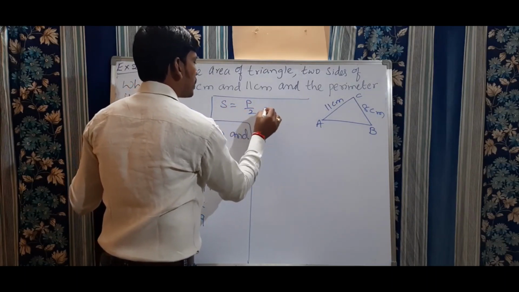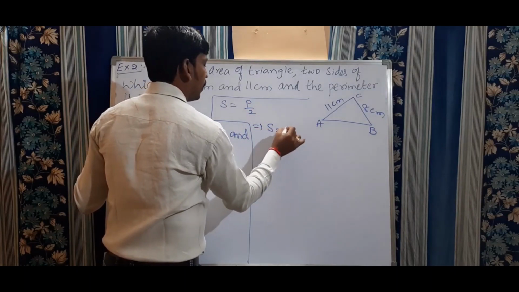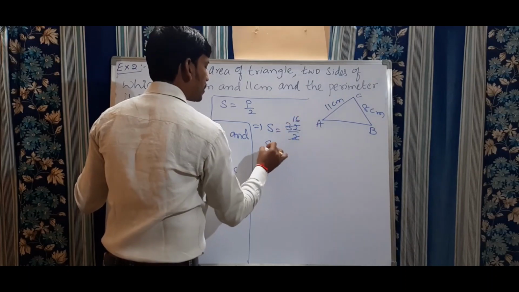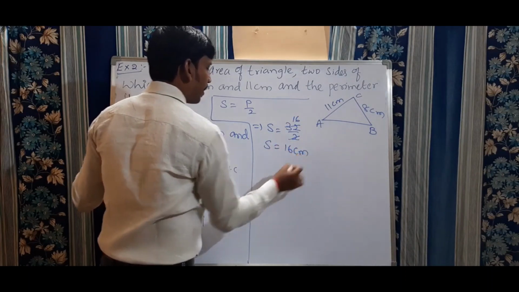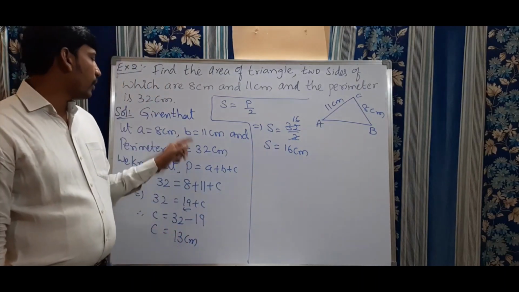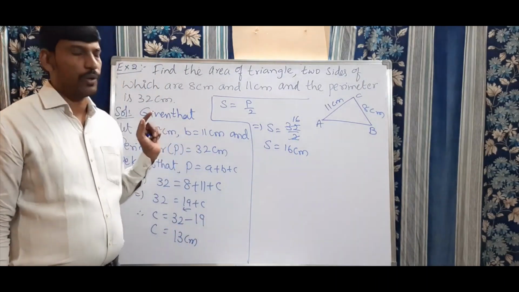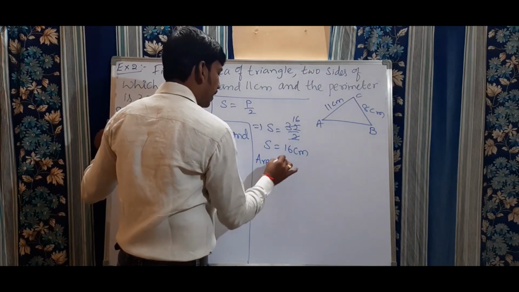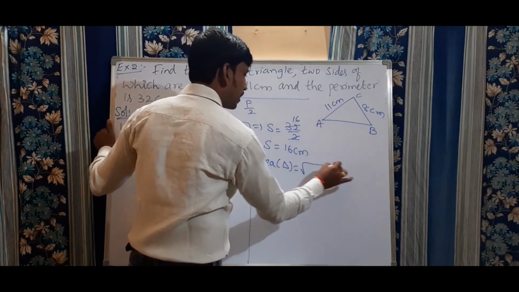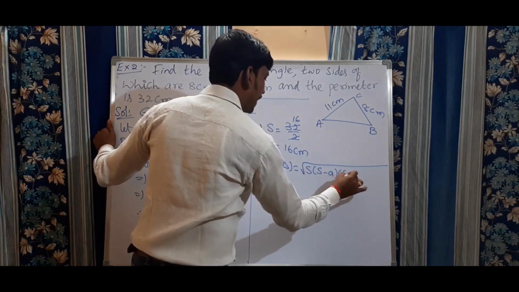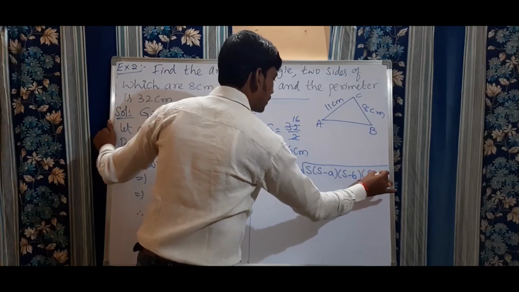Now S is equal to 32 by 2, that is 16. So S is equal to 16 centimeters. Clear? We got S value, we got C value. They given already A value and B value. Then now area of triangle, that is area delta is equal to, the formula is square root of S into S minus A into S minus B into S minus C.